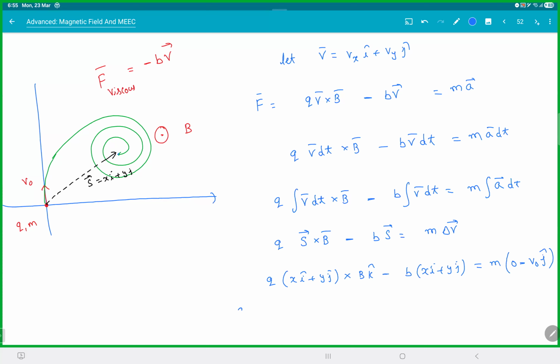And you just do the cross product here. This will be q x B, i cross k is minus j, and q y B, j cross k is i cap, minus b x i cap minus b y j cap is equal to minus m V naught j cap. Bring all i caps and j caps to one side, and then all i cap coefficients must be 0, all j cap coefficients must be 0.